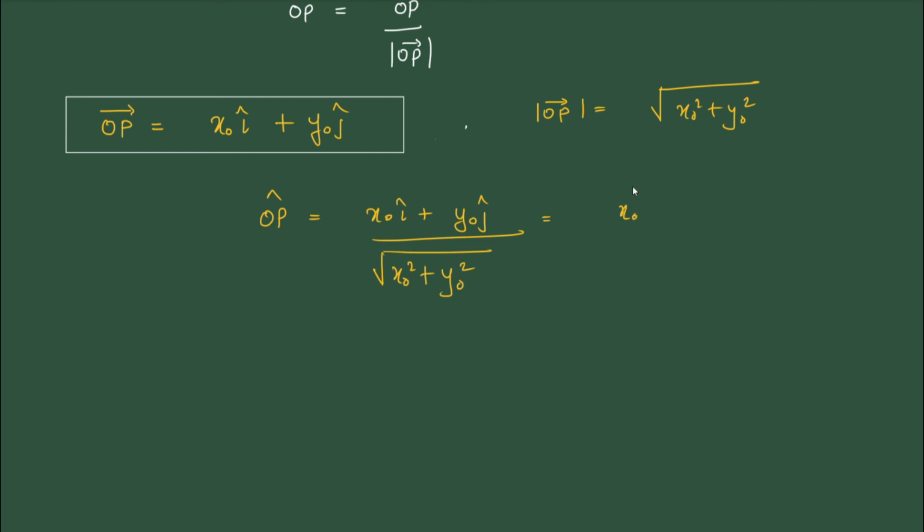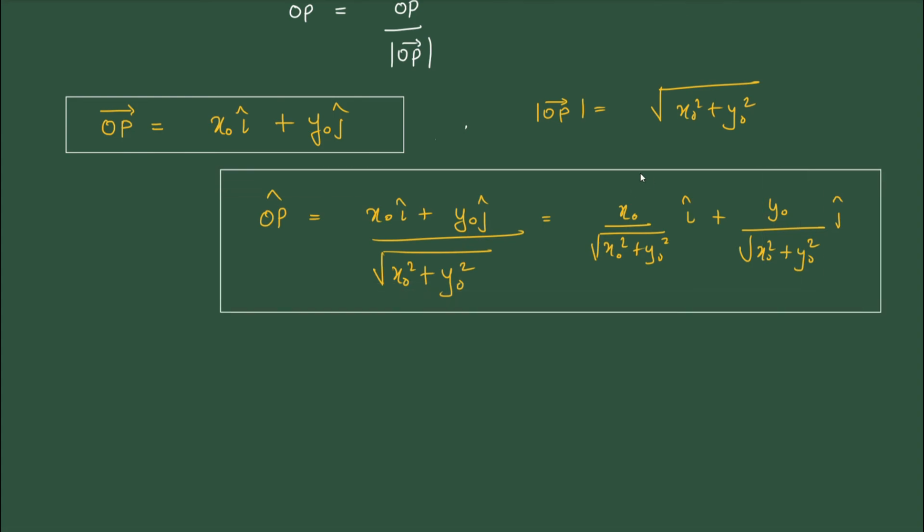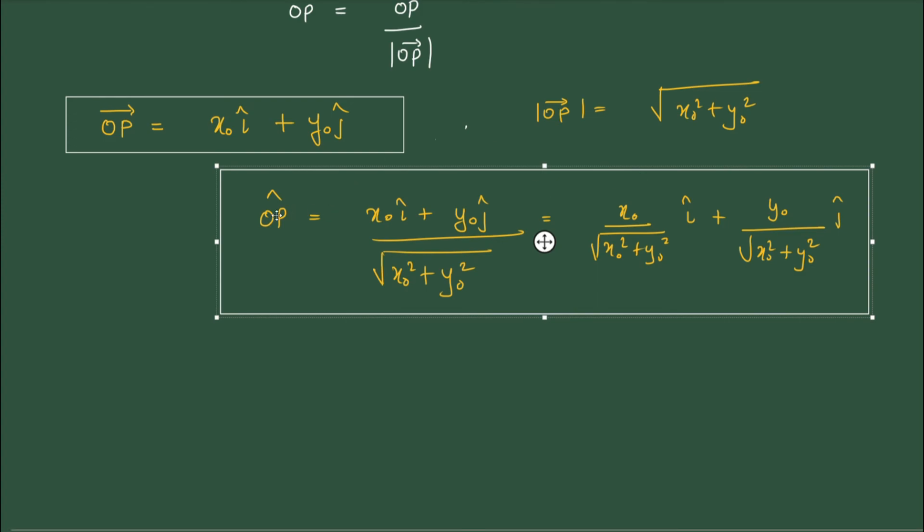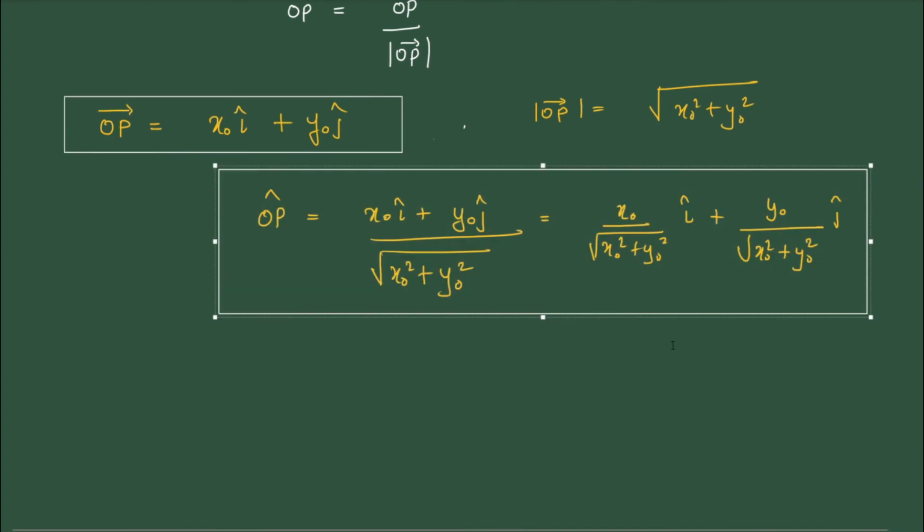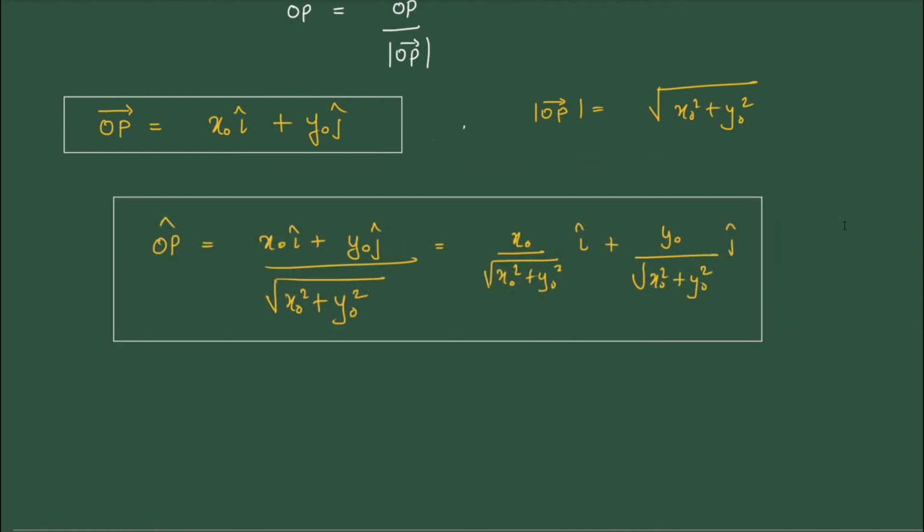That is x0 upon the square root of x0 square plus y0 square i cap plus y0 upon the square root of x0 square plus y0 square j cap. This is what it becomes. I hope you've understood it. This is what the unit vector is.